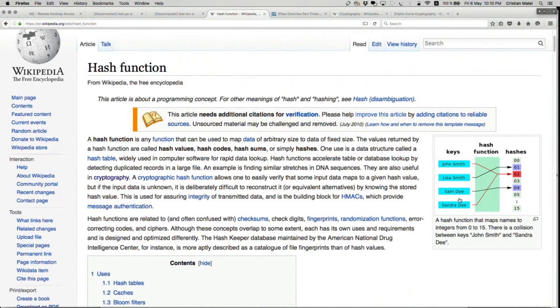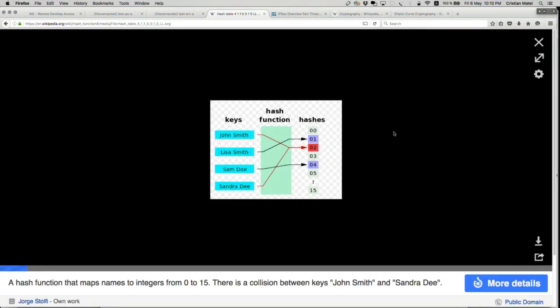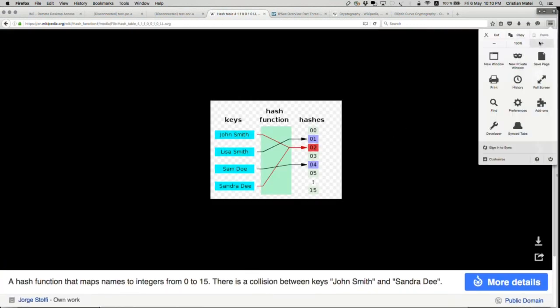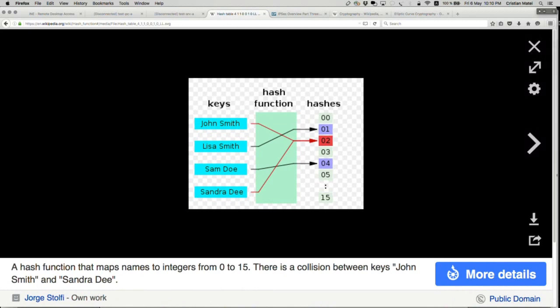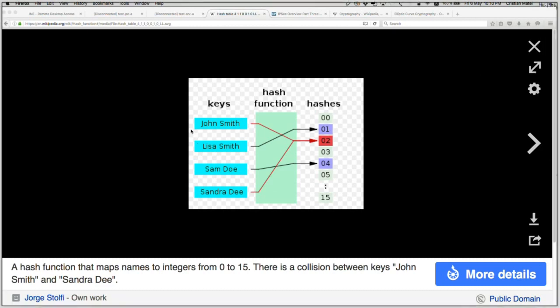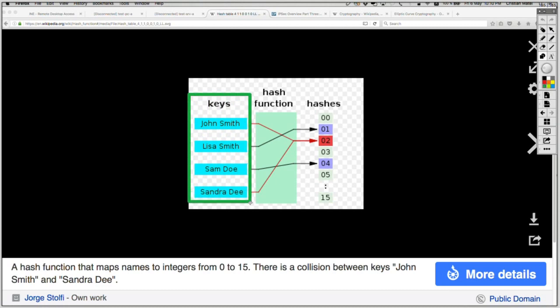So the hash function, let's look at the image here. As you see, on the left side we have the input, which is arbitrary-length data. In this case the data is just names: John Smith, Lisa Smith, Sam Doe, and Sandra Dee.